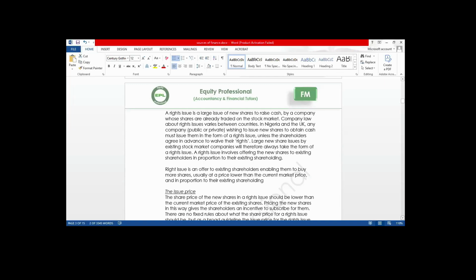That company must have shares in existence. The existing shares must have a stock market price. We are now issuing new shares to existing shareholders at a reduced price.